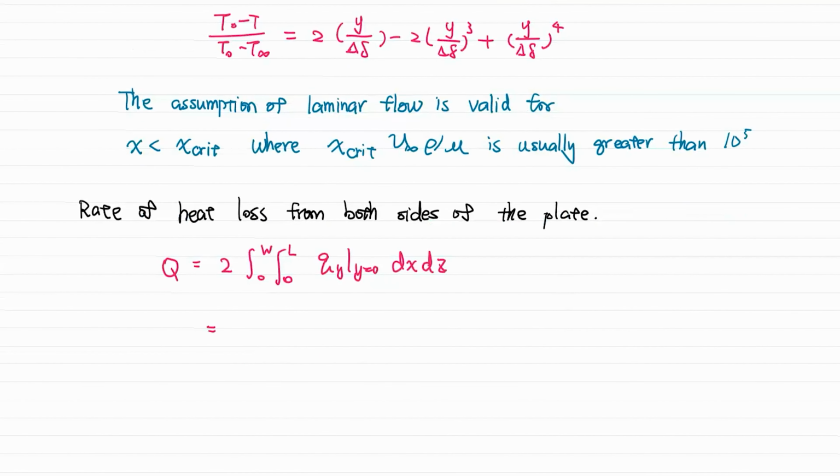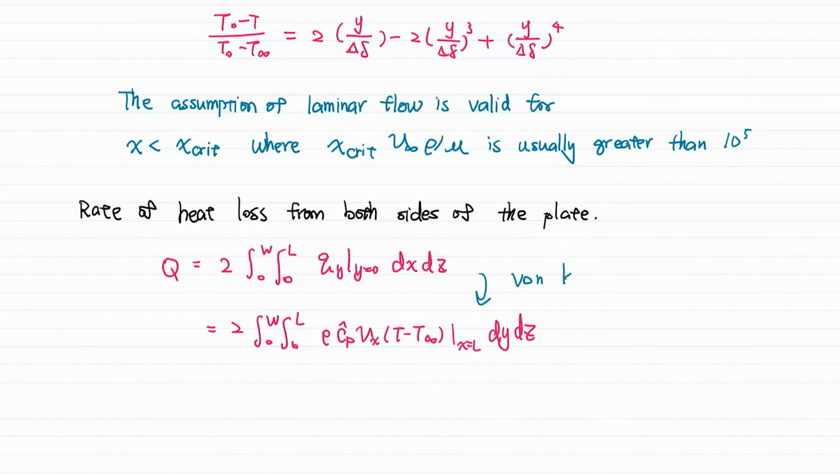And this equals 2 times the integral 0 to W, 0 to del, rho Cp Vx (T minus T infinite) at x equals L times dy dz. And this is based on the von Karman energy balance.